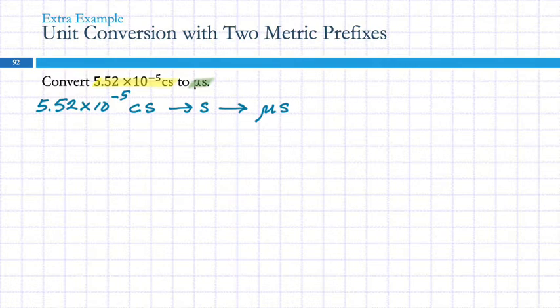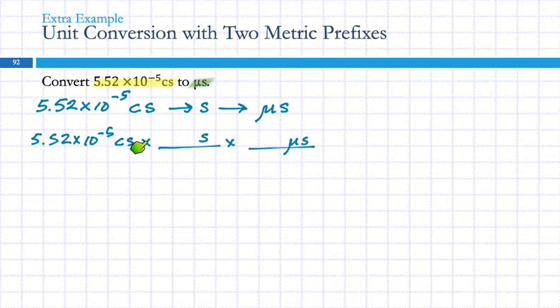So I'm going to go centiseconds to seconds to microseconds. It's much less thinking. It's ultimately faster, even though it's 2 steps. 2 arrows, 2 fractions.